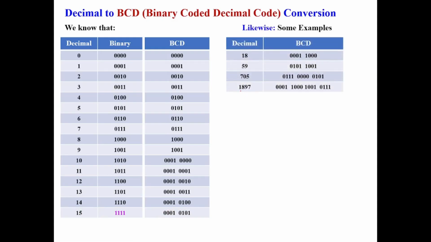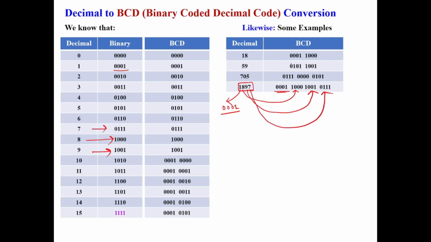We are going to consider some other examples here. Suppose we have the decimal number 1897. What will be its BCD number? See here, 1 will be written as 0001. 8 will be written as 1000. Then 9 will be written as 1001. 7 will be written as 0111.